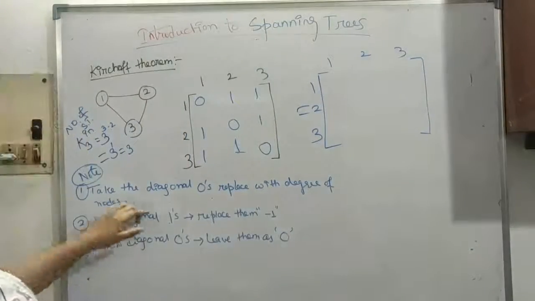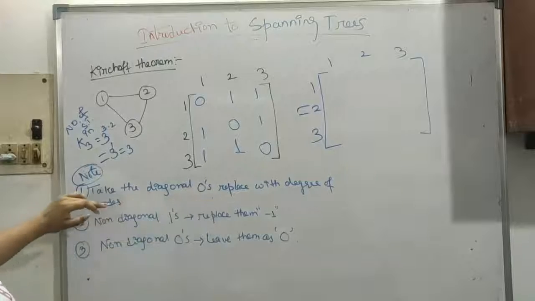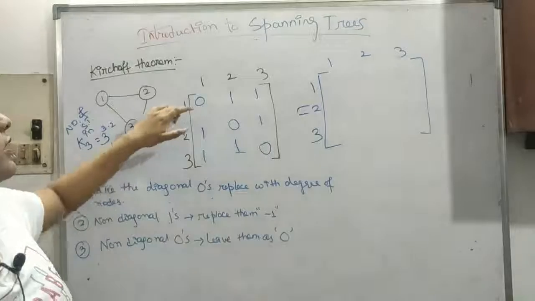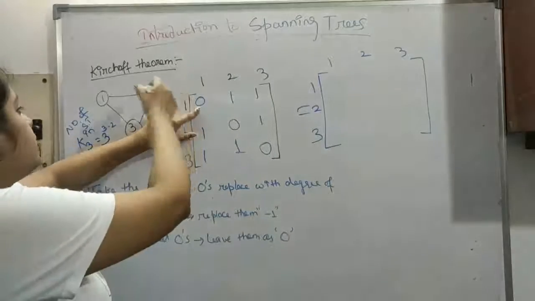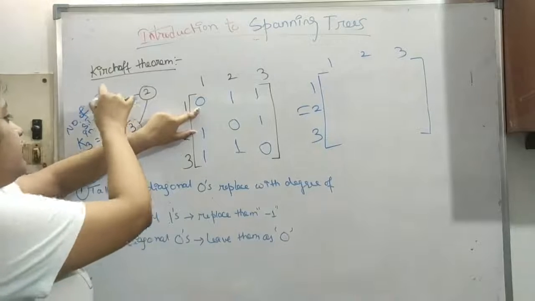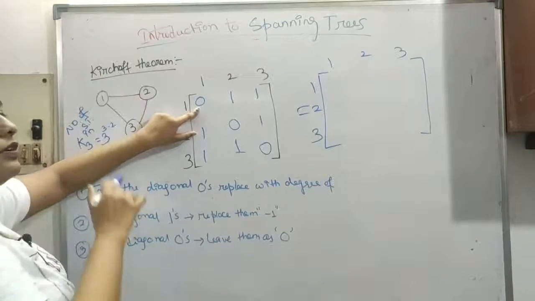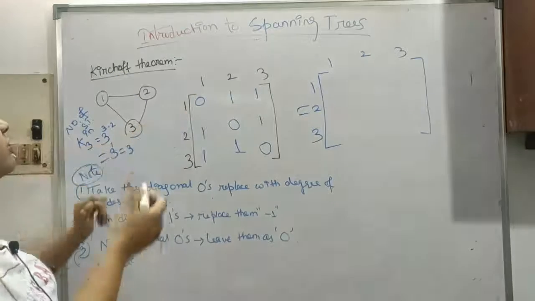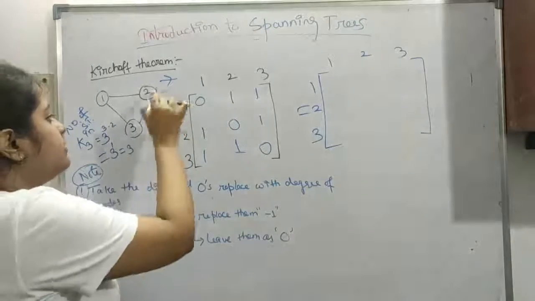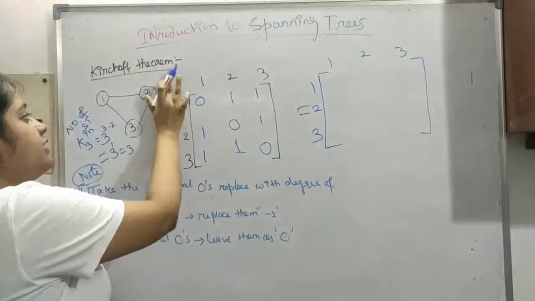So take the diagonal zeros and replace them with the degree of nodes. The first 0 is 1 1. So what is the degree of node 1? How many incoming or outgoing edges are present? Here incoming and outgoing are not different because it is not directed. If it had been directed, we would have had to check incoming and outgoing.